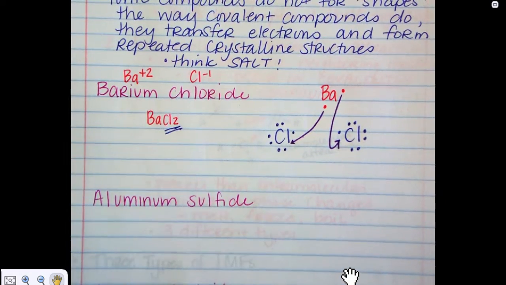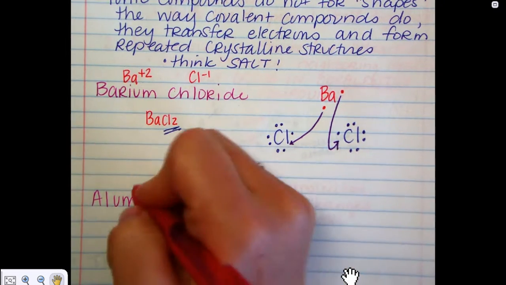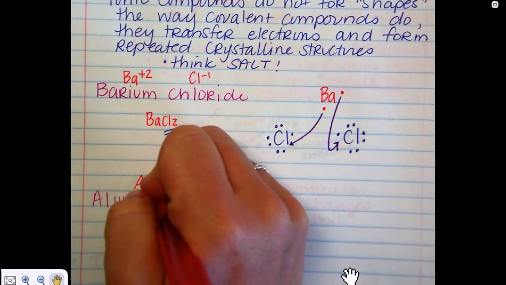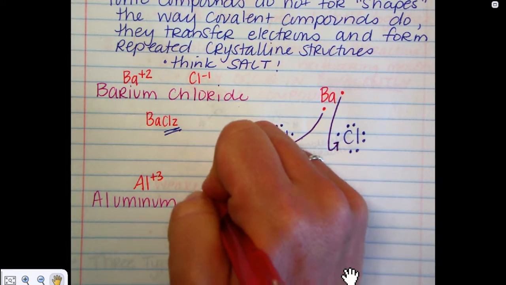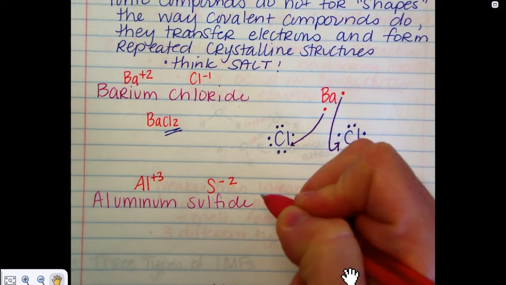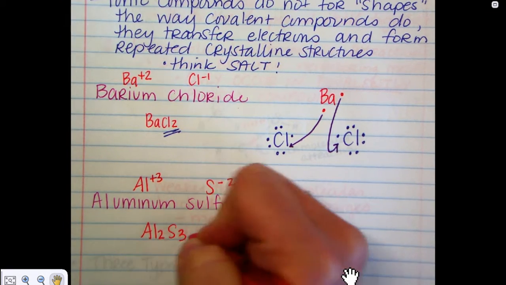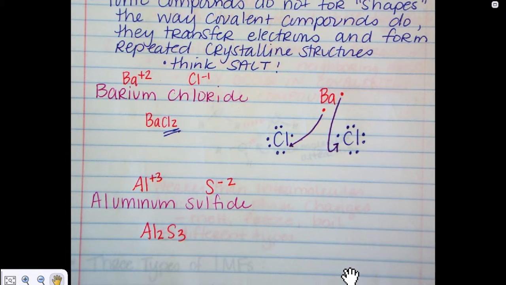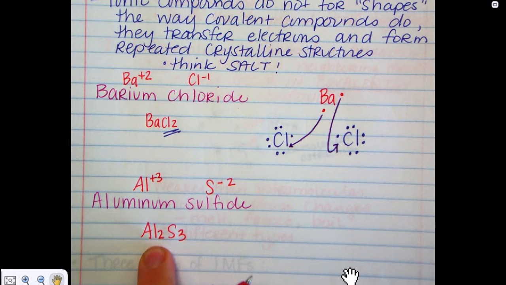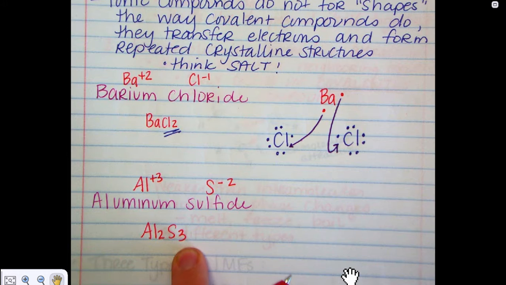All right, let's do another example. So we have aluminum sulfide. So Al+3, S-2, drop and swap, Al2S3. So what does that mean for me? I need to draw how many aluminums? 2. How many sulfurs? 3. Where do my electrons need to go?